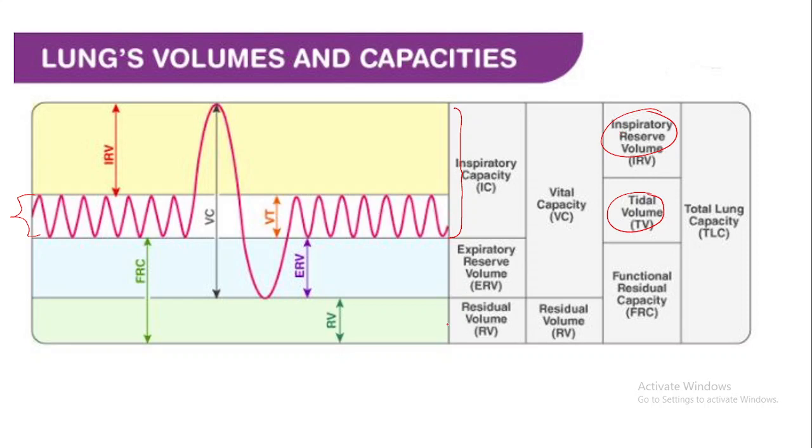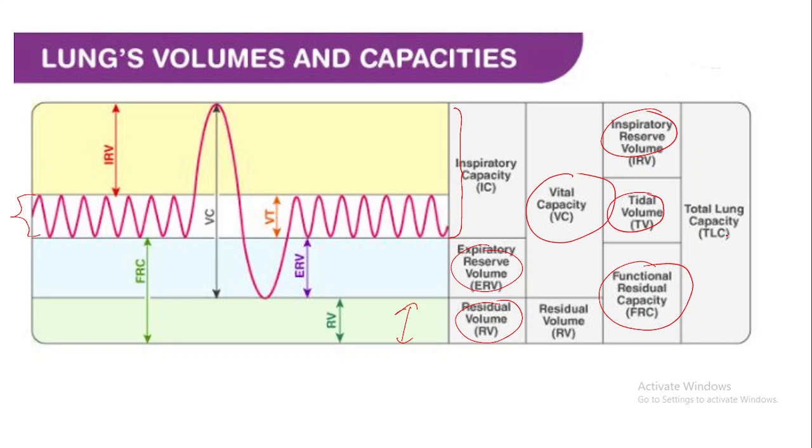Next, how much air can be respired out. Expiratory reserve volume combined with residual volume gives you the functional residual capacity. Vital capacity is the total amount of air other than what is left back in the alveoli, which is the maximum intake and maximum whatever you can give out.